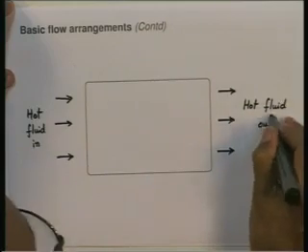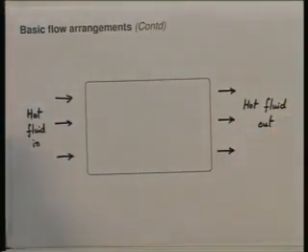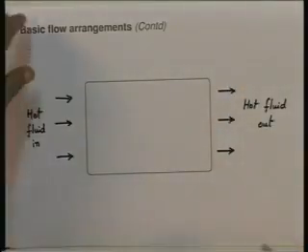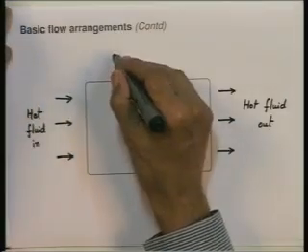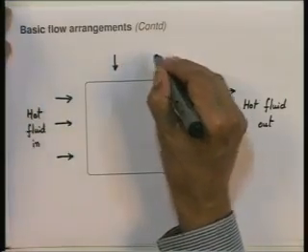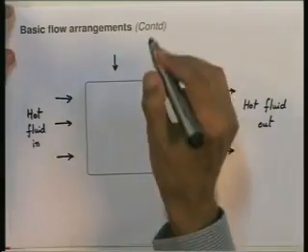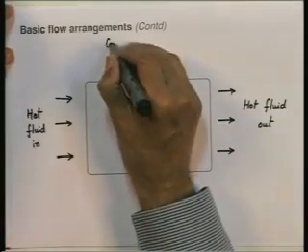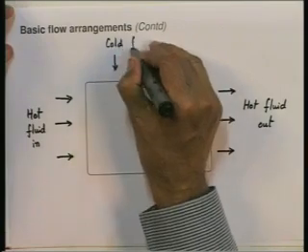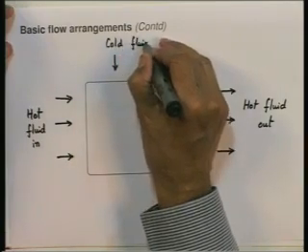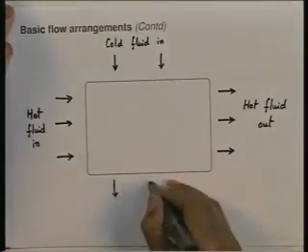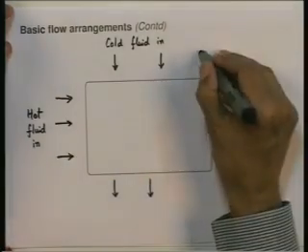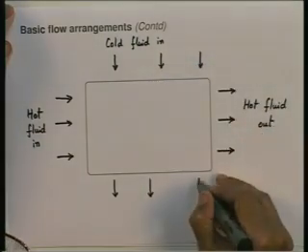here. So, let us say the hot fluid is flowing on the back side of this plate, and the cold fluid is flowing on the front side of this plate here, like this. So, we will say cold fluid in, and flowing out like this.